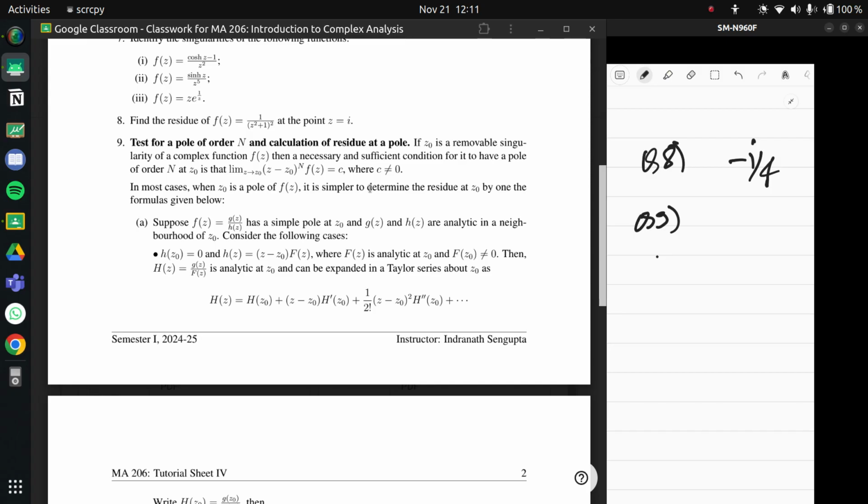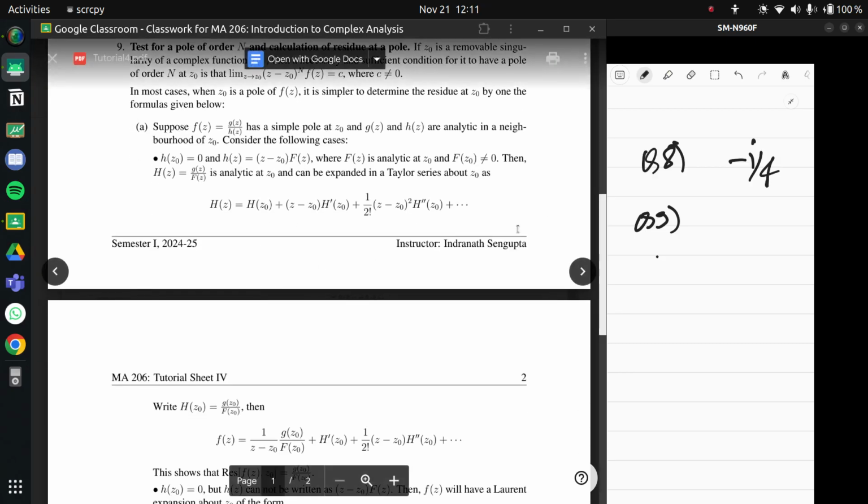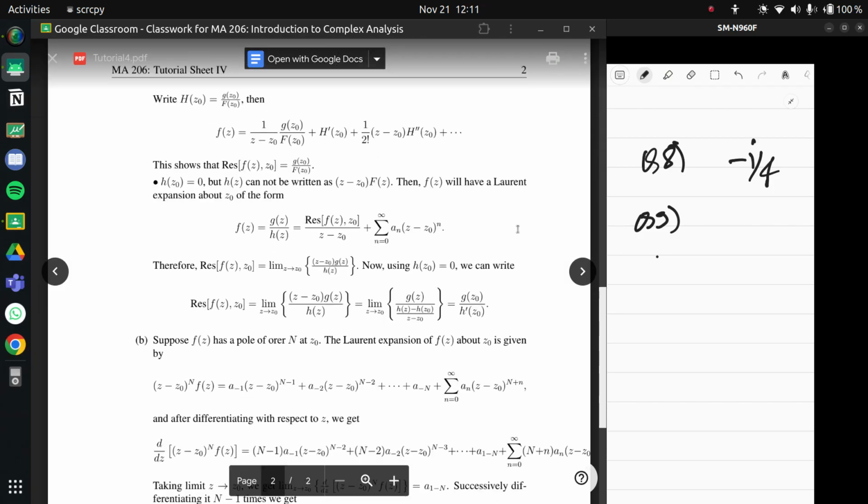So yeah, that makes sense. h is in fact analytic, and in that case it's just 1 upon z minus z0 times some h thing. So that's something like h of z0 upon z minus z0 plus some other stuff, which is all non-negative powers. Then the Laurent expansion is pretty easy, and you can easily find the residue.